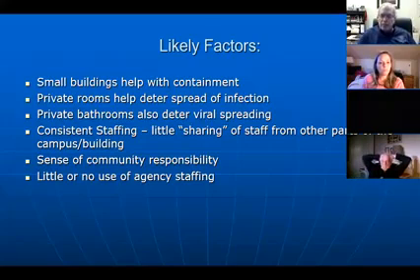Consistent staffing. I mentioned the fact we don't share staff. There was a study done several months ago looking at some of the nursing homes that had some of the worst outbreaks in the United States. They tracked cell phone usage and data to find out that in many of these nursing homes, their staff worked in 2 facilities. And so if they got something in one facility, it was basically brought into the other facility.